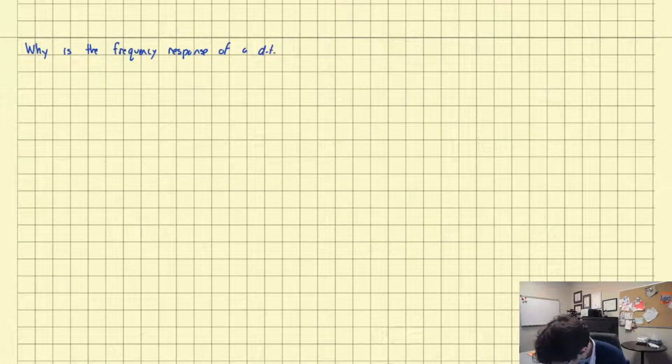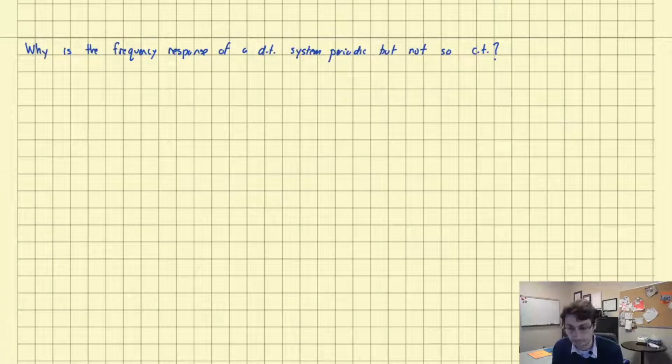So the question is, why is the frequency response of a discrete time system periodic, but it isn't in continuous time? Why is it that you have this kind of difference?